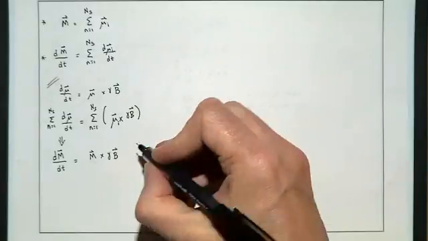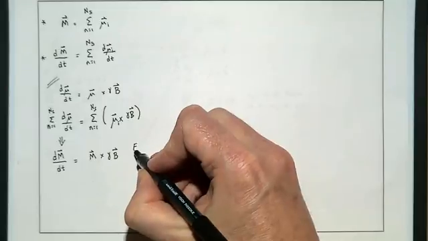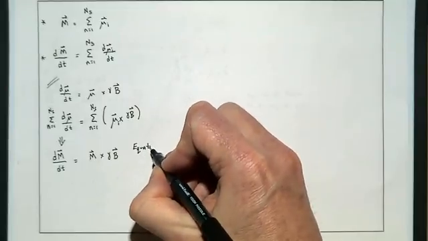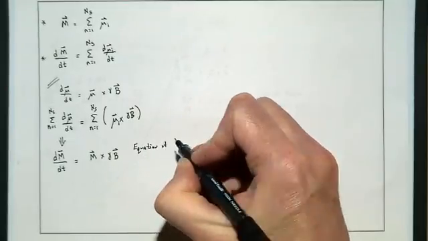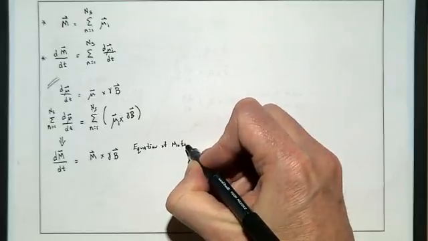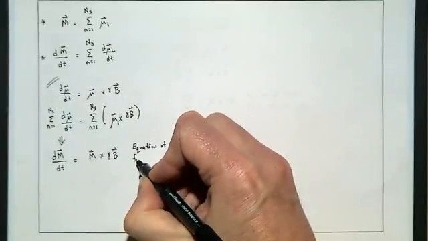And so finally, what we have here is the equation of motion again for the bulk magnetization.